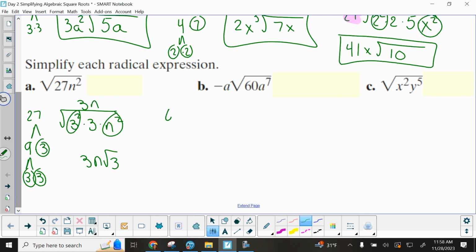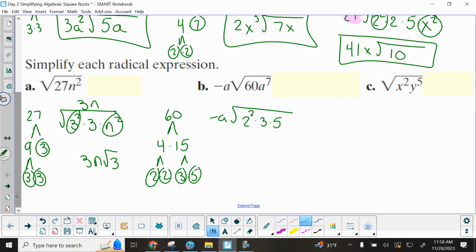B, 60, I can break down into 4 times 15, which is 2 times 2, which is 3 times 5. So I've got 2 squared times 3 times 5.